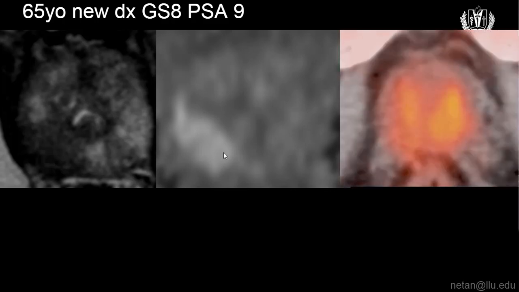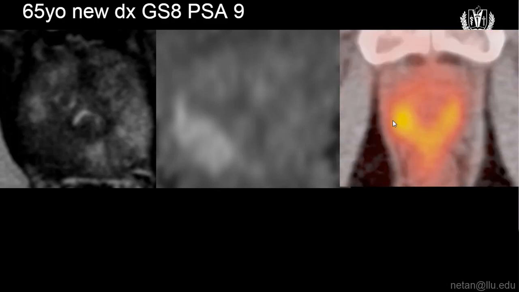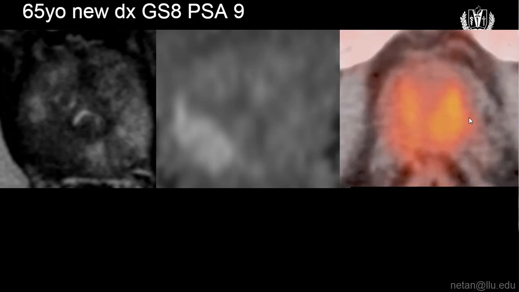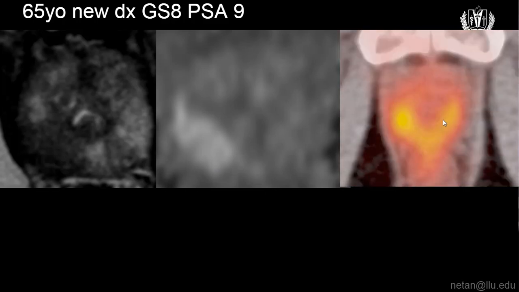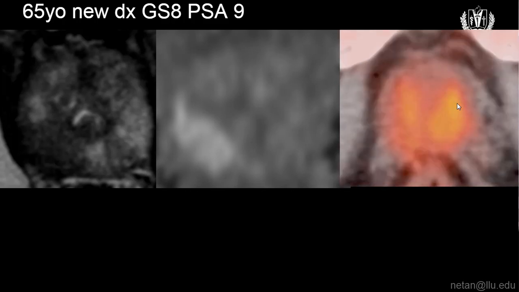Here's an example of a 65-year-old man with new diagnosis of Gleason 8 prostate cancer, and on the MRI we see a pretty obvious mass here in the right mid-peripheral gland with associated restricted diffusion, and this was a PI-RADS 5 lesion. We see uptake on PSMA PET-CT. In addition, we actually see additional foci of prostate cancer on PET-CT.